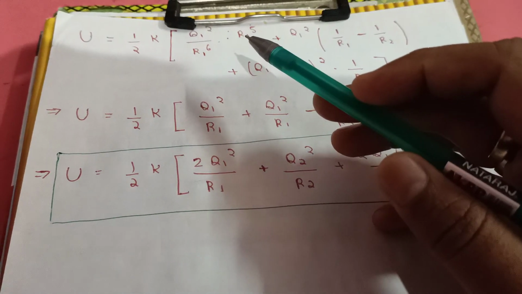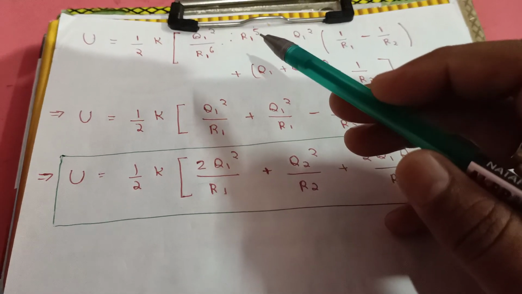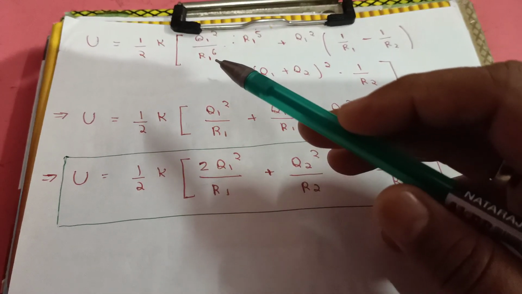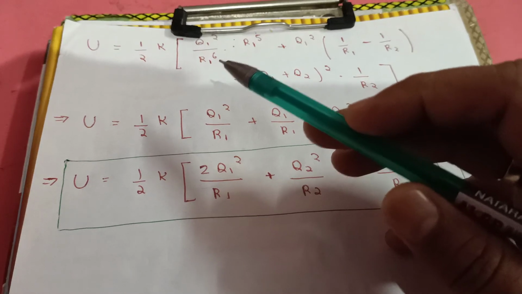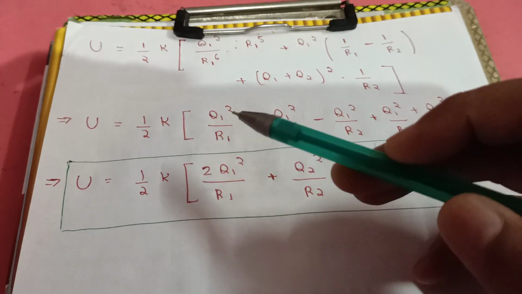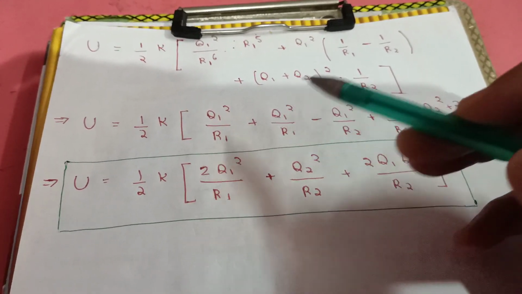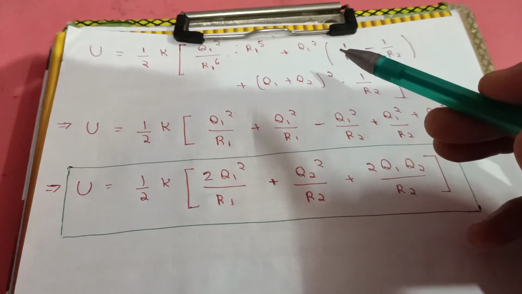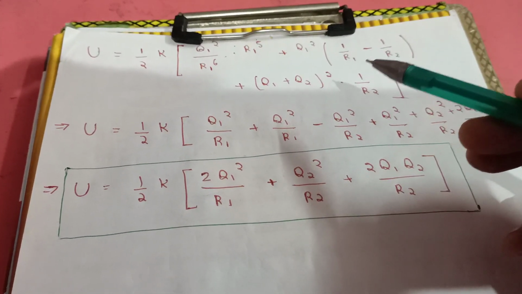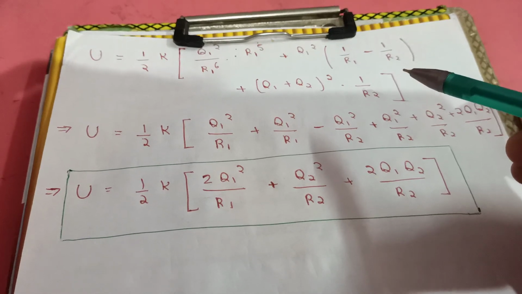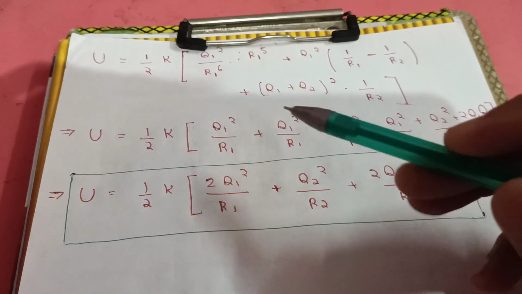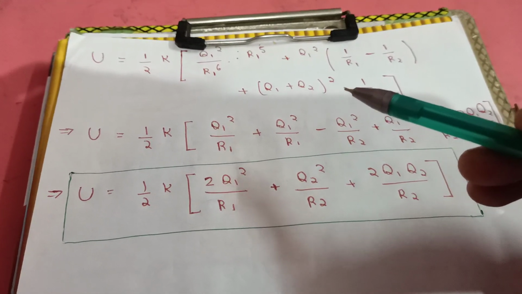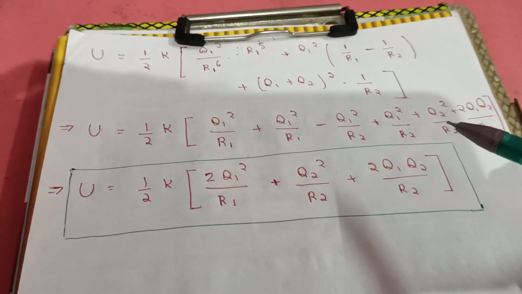Here r1 to the power 5 will cancel with r1 to the power 6 and we will be getting the term q1 square upon r1, and here we will multiply q1 square to 1 upon r1 minus 1 upon r2. Also we will open the whole square of q1 plus q2 and we get this step.